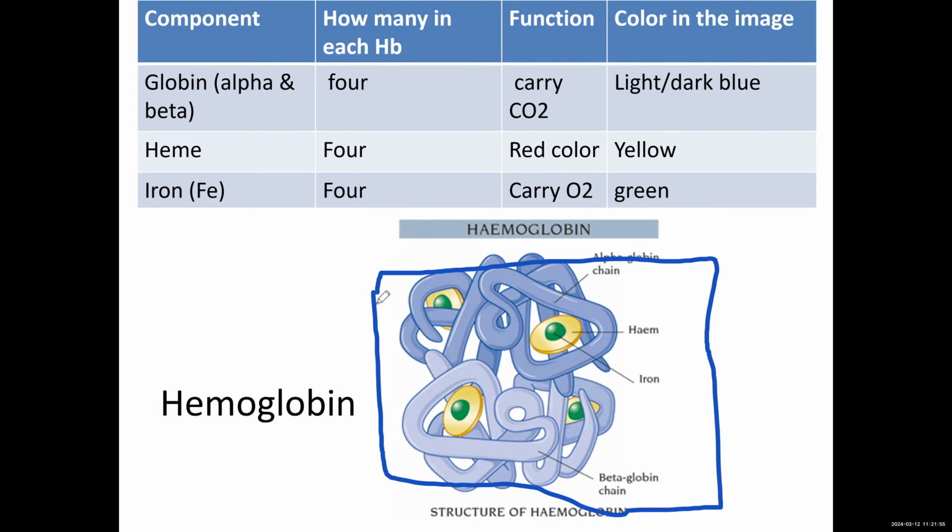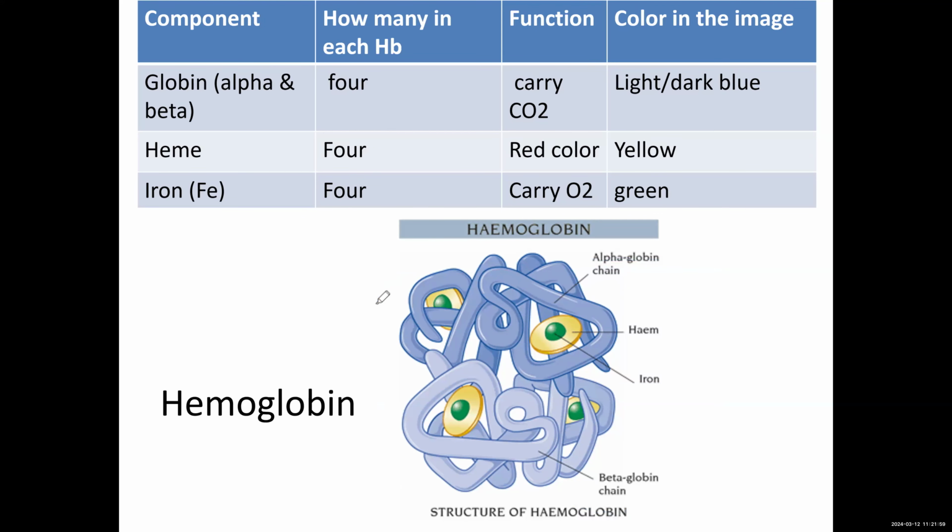This is a whole molecule that's very important in transportation of oxygen, made of 4 globin proteins, 4 heme groups, and 4 irons. Let's start with iron. Iron's function is to carry oxygen. Oxygen actually binds to iron right here.